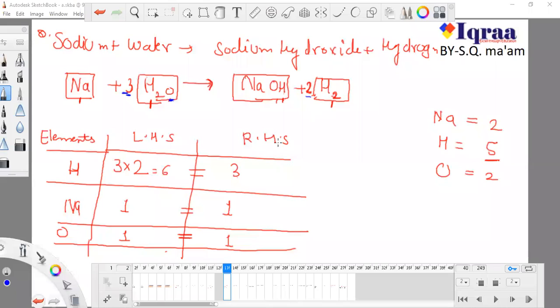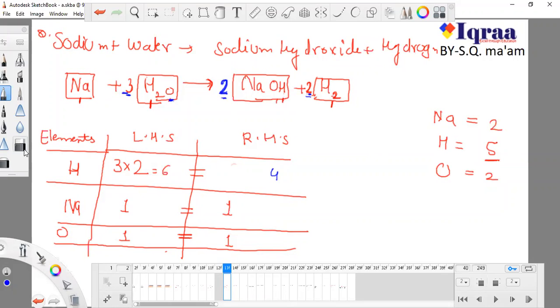Multiply by 2. So let's try how we will do this. Right now I'm writing 2 in front of this. If I write 2 in front of this, this side has 4 hydrogens, and I'm also writing 2 here, so it has 6 hydrogens in total: 2 from this side and 2 twos are 4 from this side.